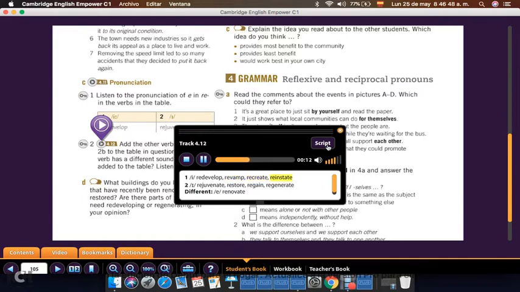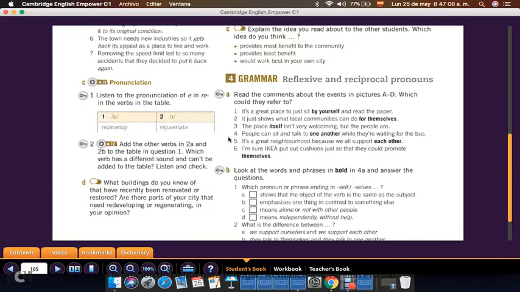Reinstate. 2. I. Rejuvenate. Restore. Regain. Regenerate. Different. E. Renovate. Very good. Now check that those words with different sounds go in the correct column.